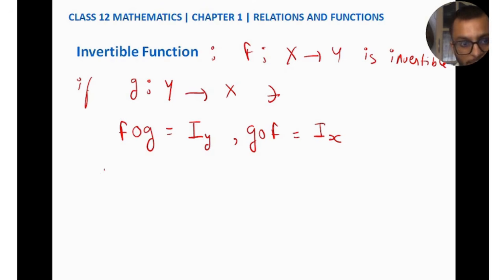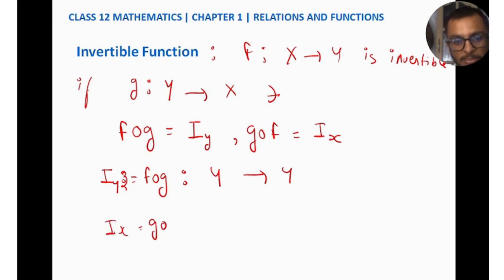Because this I is the same as f of g, and f of g is a function from Y to Y. So this identity has domain and codomain Y, so I am denoting it as I_Y. Similarly, I_X is g of f. It's from X to X. So a function is called invertible if you are able to find g such that f of g is the same as I_Y and g of f is the same as I_X.